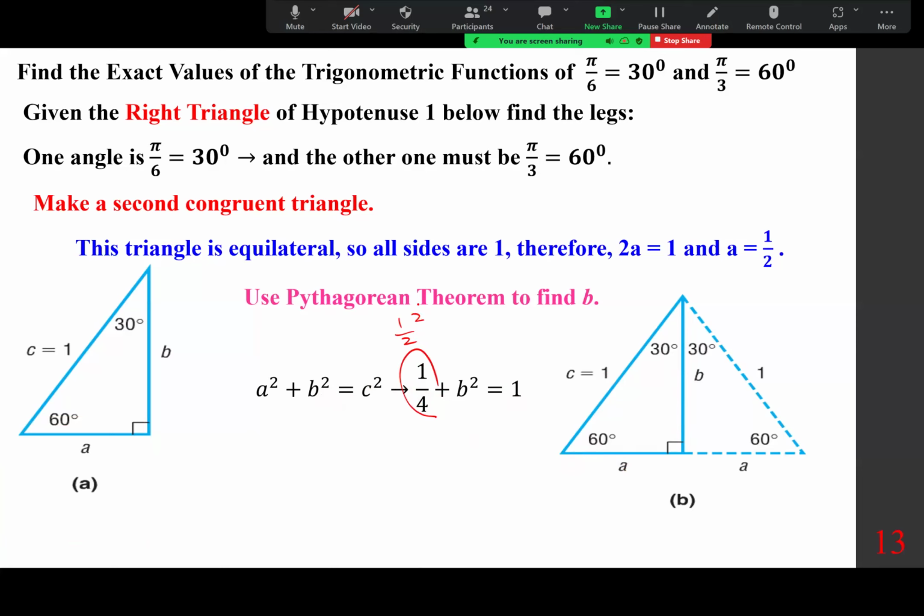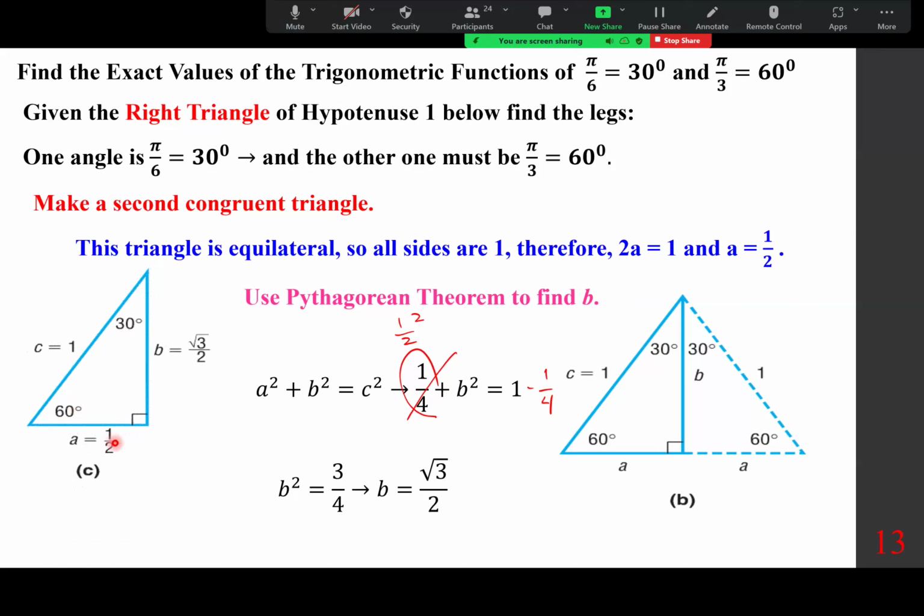And so we get 3/4, and the square root of that is the square root of 3 over 4, which makes it square root of 3 over 2. So we have all sides, everybody. So this side is 1/2. We had it, and now B is square root of 3 over 2.